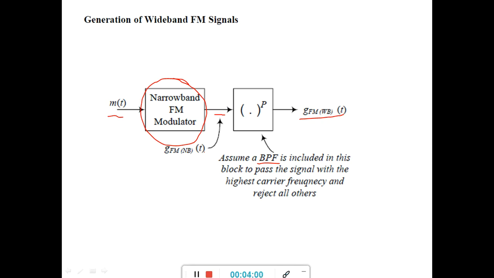Then the generated narrowband FM signal is converted to a wideband FM signal simply by passing it through a non-linear device with the power of P, and the carrier frequency and the frequency deviation delta F of the narrowband signal are increased by the factor P.